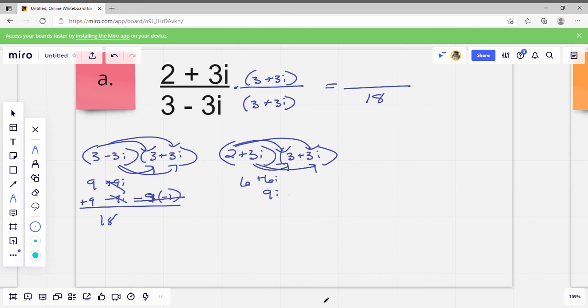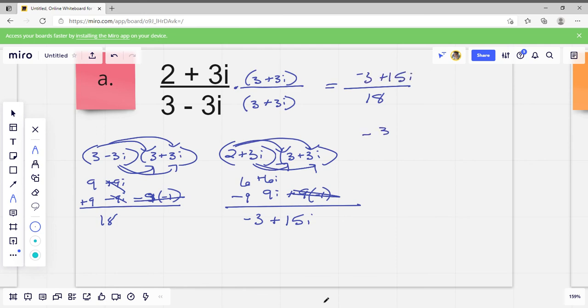And then 3 times 3 over here would be 9, times negative 1. 9 times negative 1 would actually be negative 9. 6 and minus 9 would be negative 3 plus 15i. We got negative 3 plus 15i.